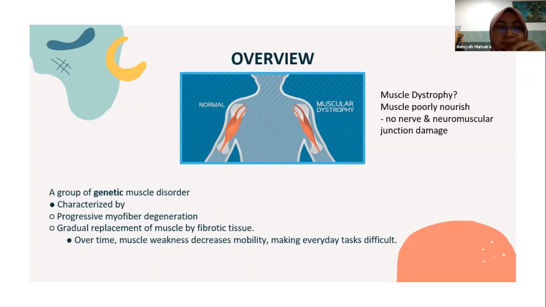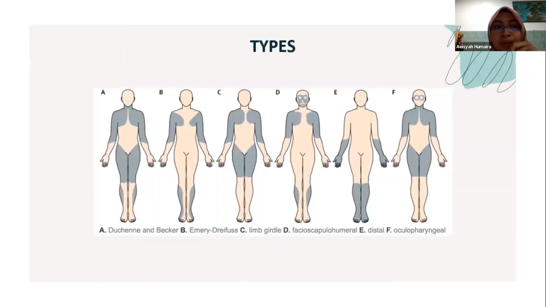patient difficult. Okay. So there are many kinds and types of muscular dystrophy, and each type affects specific muscle groups with signs and symptoms that appear at different age groups, and also vary in severity.